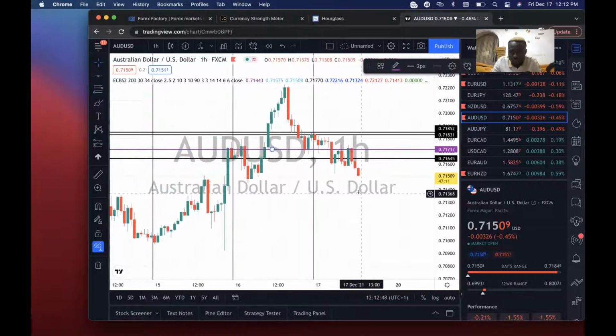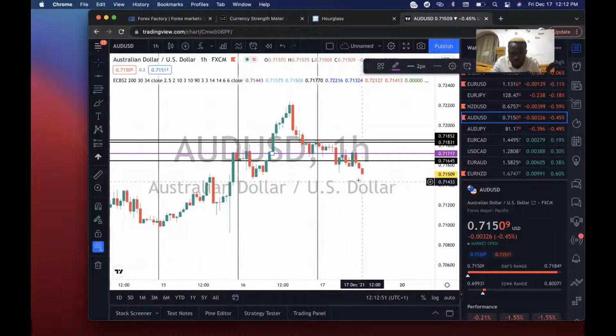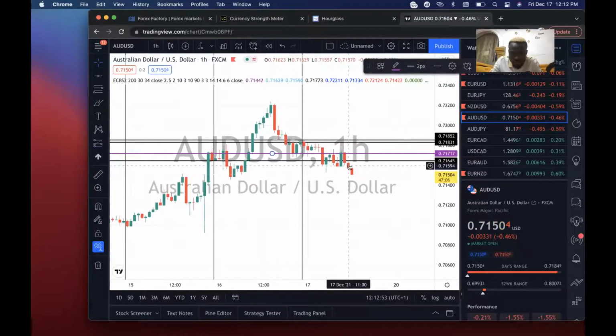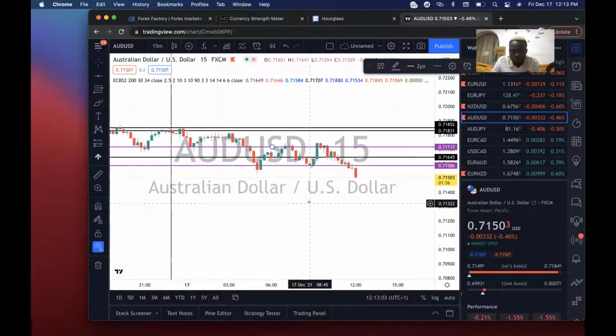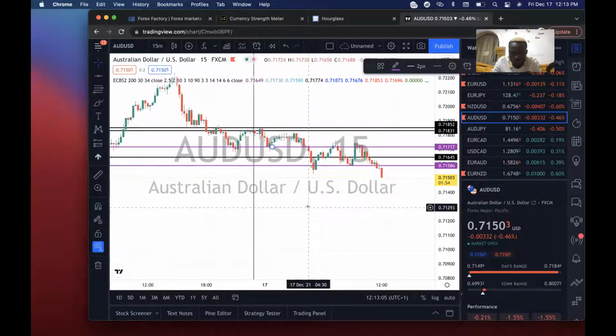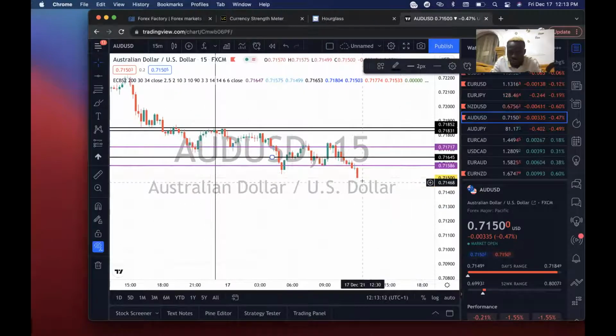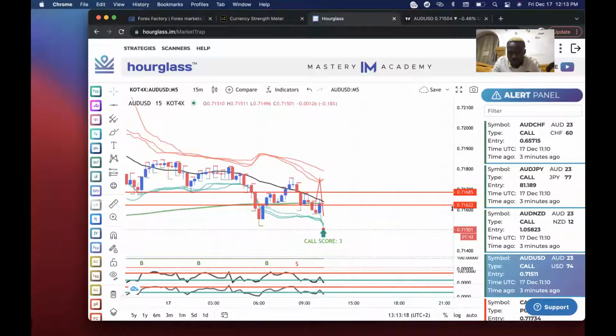I'm just going to validate this with what I have on Hourglass. Previous floor. Hourly floor area. So this matches with my 15 minutes and this also. So I will be looking at AU at the 645 area. AU, okay. I have AU at the 622 area here and I have it at the 655. So I'm gonna say this.